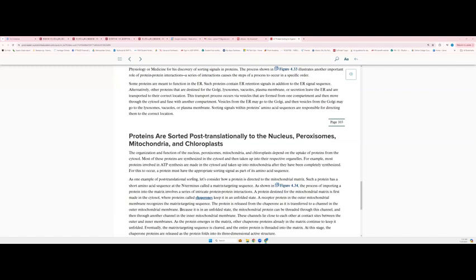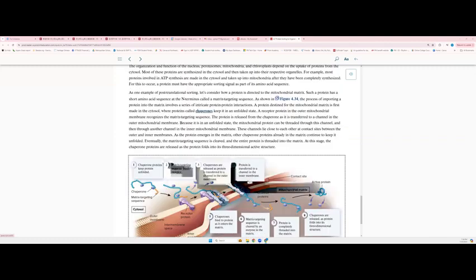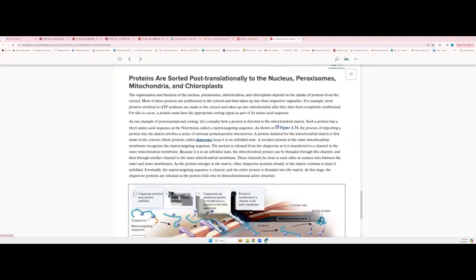For example, most of the proteins involved in ATP synthesis are made in the cytosol and taken up into the mitochondria after they have been completely synthesized. For this process to happen, a protein must have a proper sorting signal as part of its amino acid sequence. Let's talk about one example: how a protein is directed to the mitochondrial matrix.